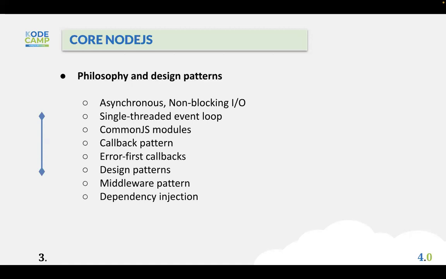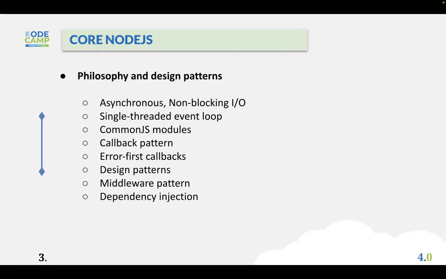Asynchronous here simply means operations not having to block the main thread execution. That is the server initiating an I/O operation and continuing processing other requests while the I/O operation is happening in the background. Now, the non-blocking here simply means the server doesn't wait for the I/O operation to finish before moving on.